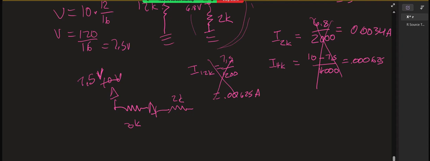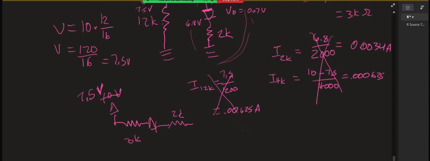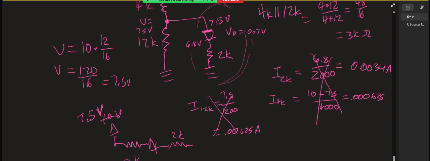So we have the 7.5 voltage and the 2K resistor, as we were just talking about, is connected to ground, as is our Thevenin resistance. And so we can combine those in series to make a 5K. But now I'm getting all messed up.